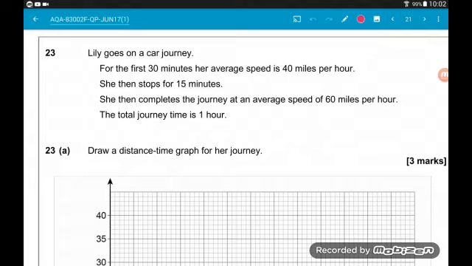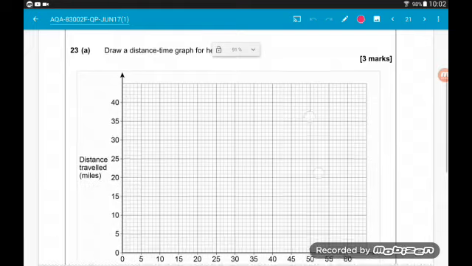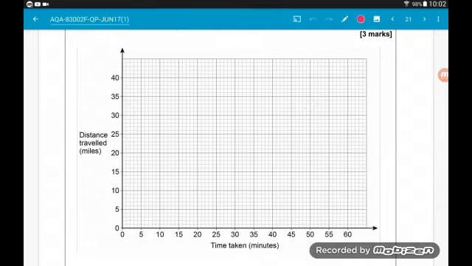She then completes the rest of the journey at an average speed of 60 miles per hour. The total journey time is 1 hour, and we want to put this on a distance time graph down here. So what we're going to do is talk about each part of her journey separately, plot it, and then we'll build up as we go.